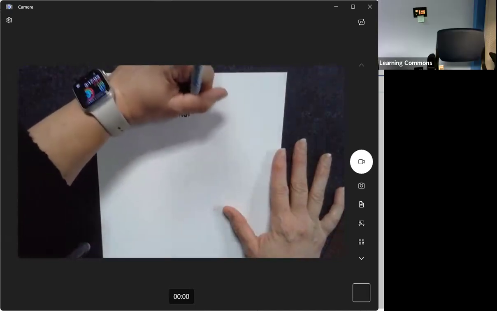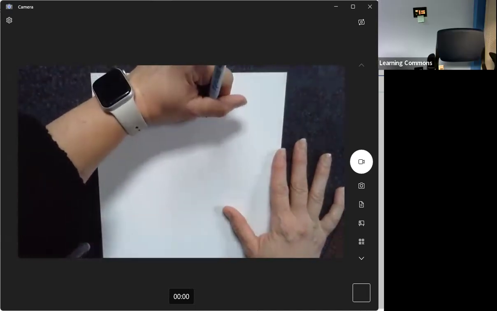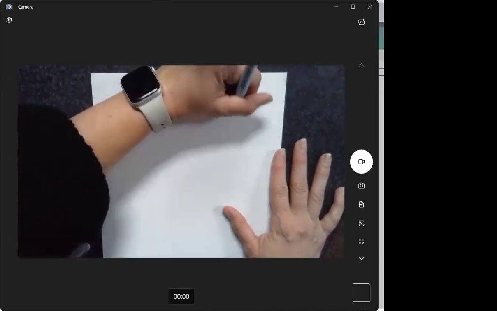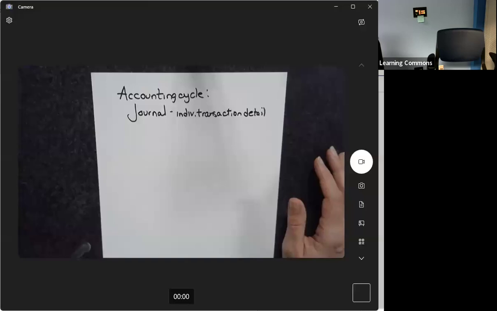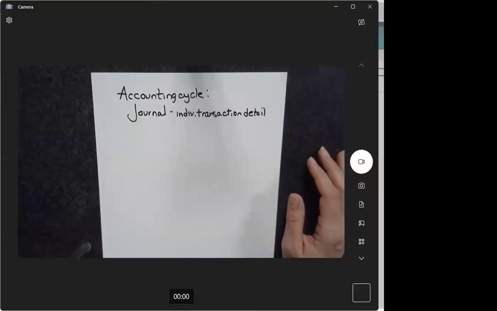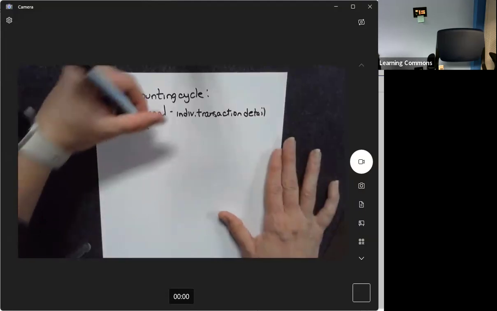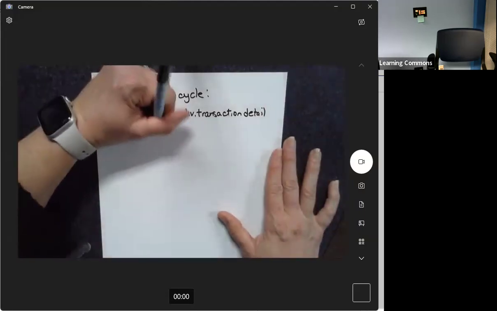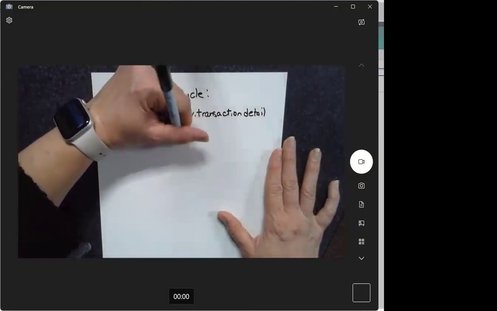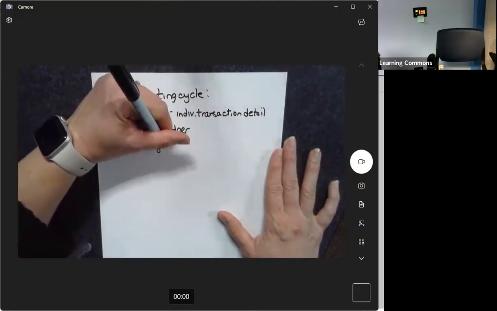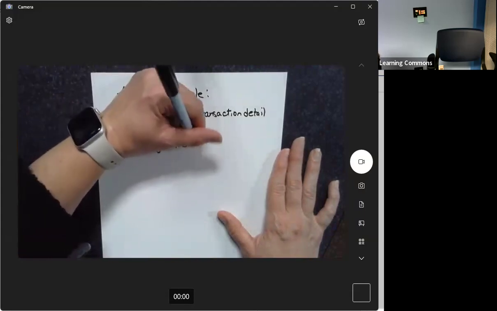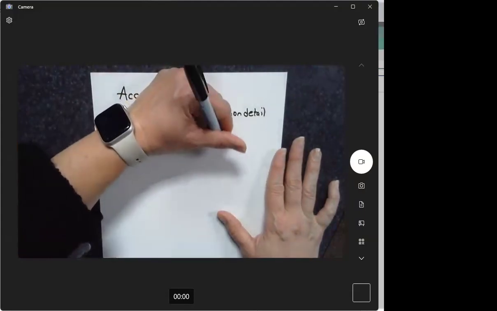Remember, the journal is where you get that individual transaction detail. So doing the journal entry is the first place that stuff gets into our accounting system. From the journal, remember, we post to the ledger, where the ledger is where we get our individual account detail.